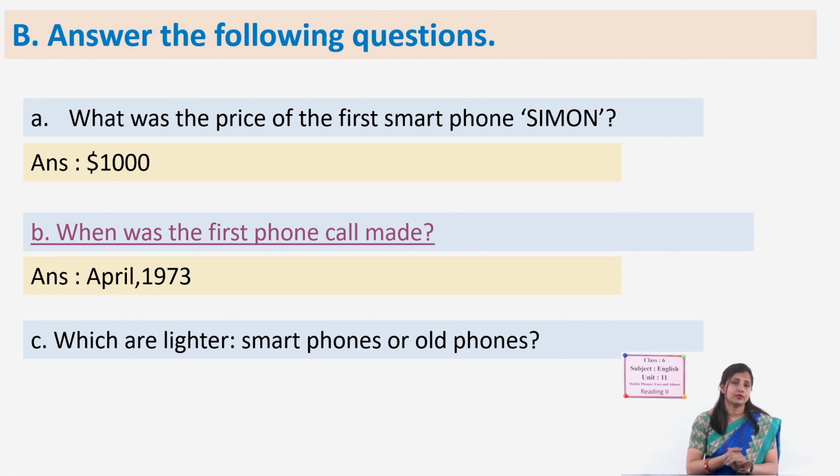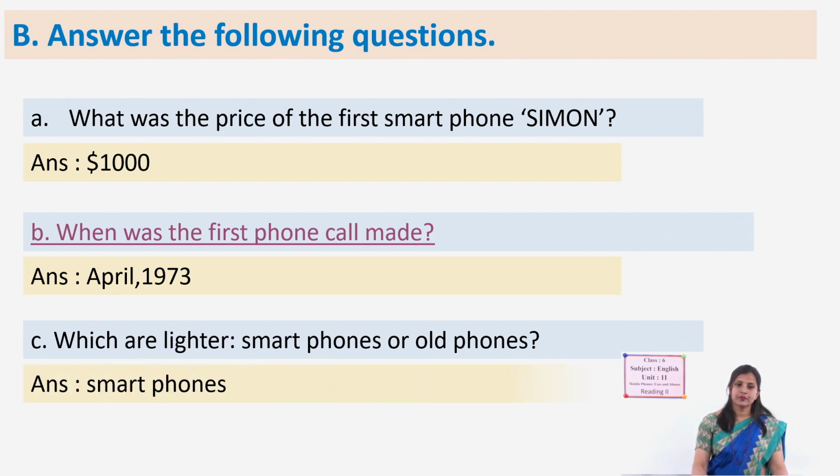Which are lighter? Smartphones or old phones? Tell me which are lighter. Those old phones, they were lighter, or the smartphones, these smartphones which you use now. Which one? Yes. Okay.